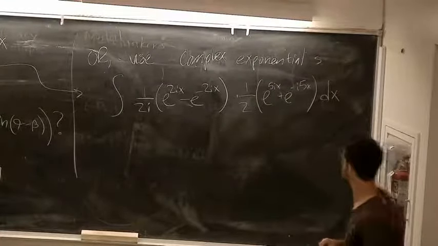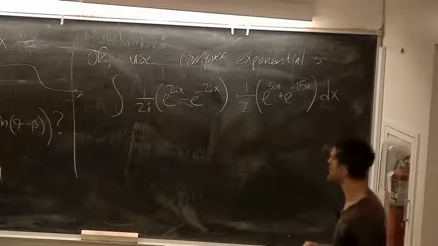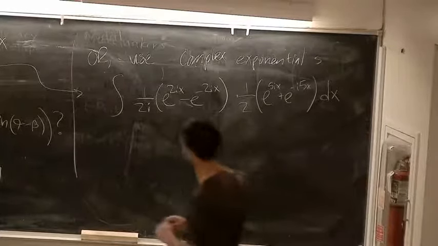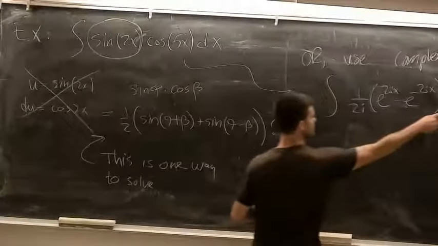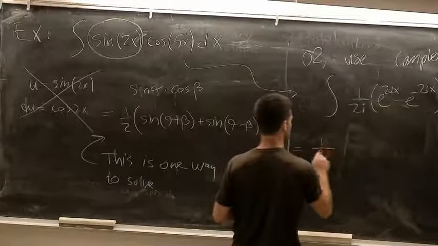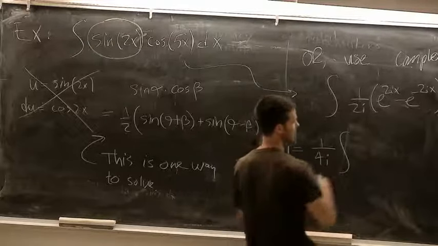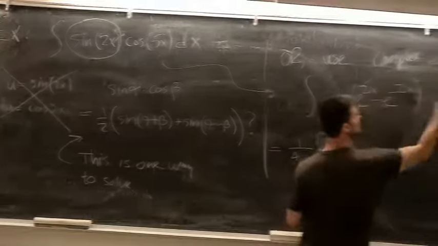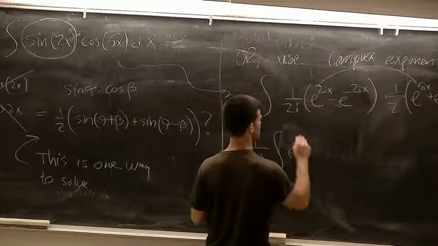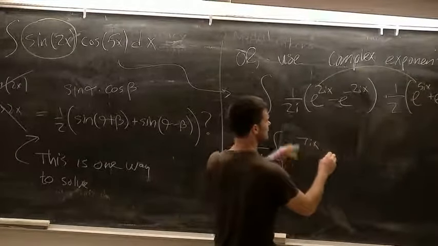All right. Now let's just multiply it through and see what happens. So I'll bring these factors out front to give me a 1 over 4i. And now let's FOIL this. So this times this is e to the 7ix.